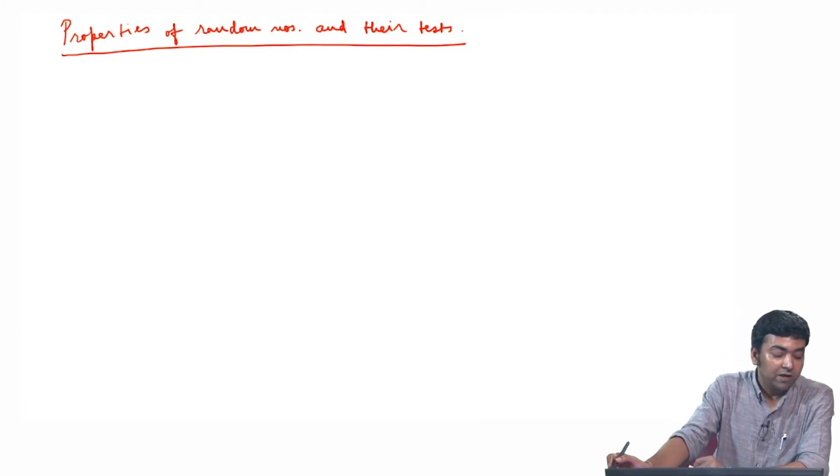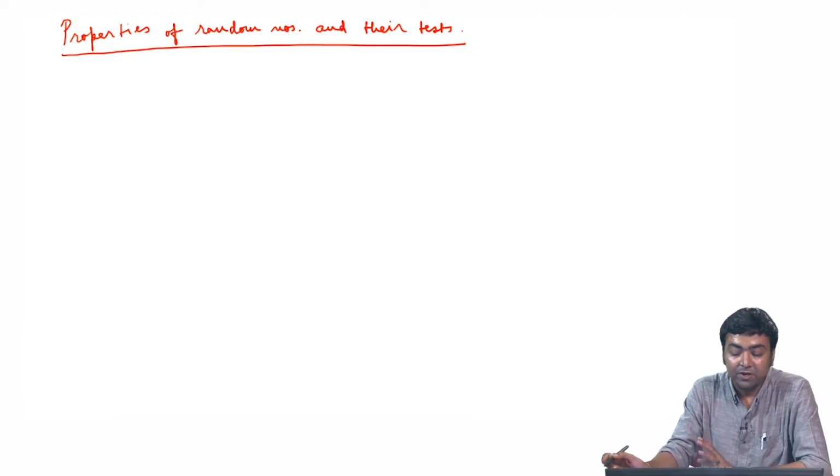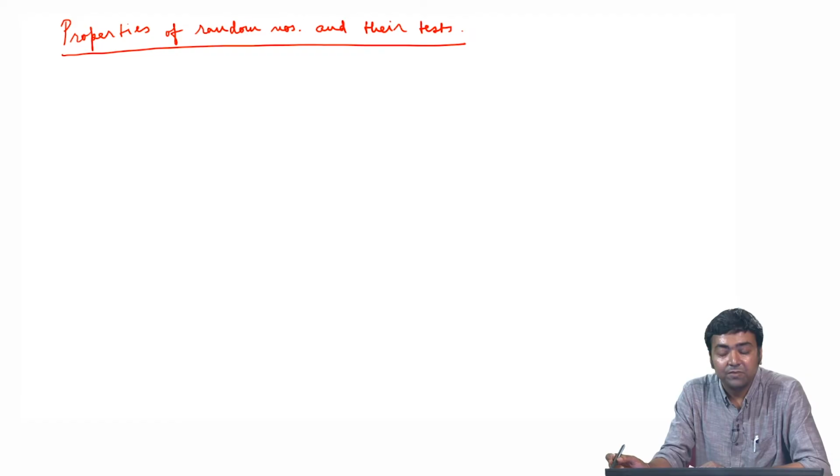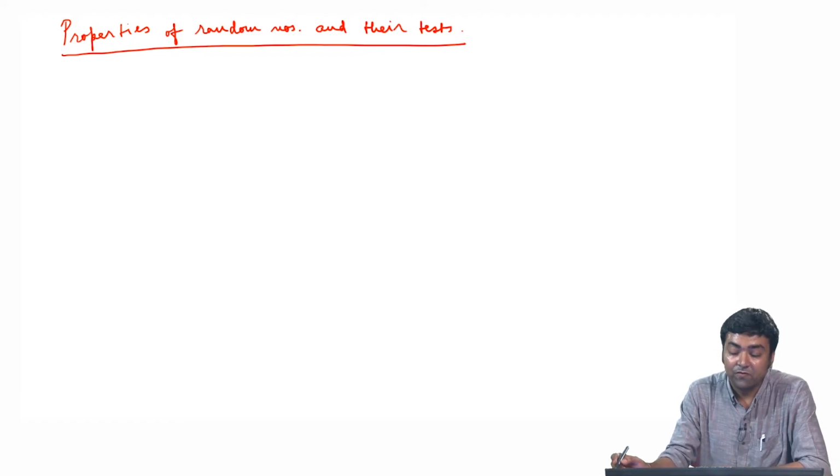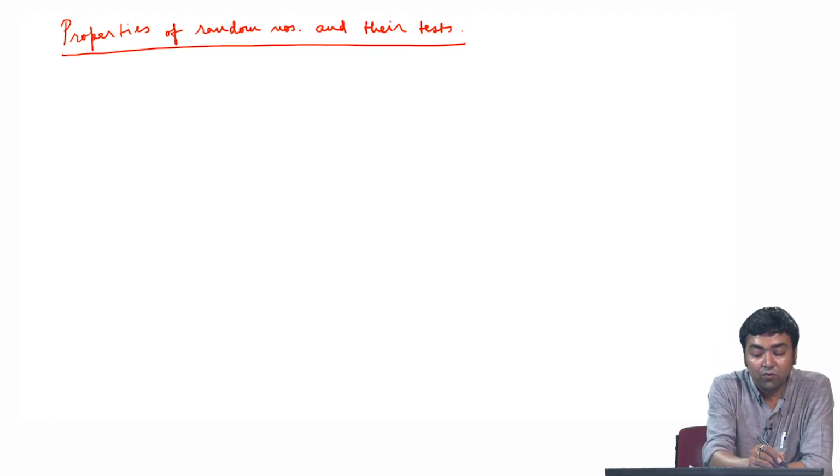Typically, when you use the machine dependent random number generator that comes along with Fortran, it generates random numbers with uniform distribution.